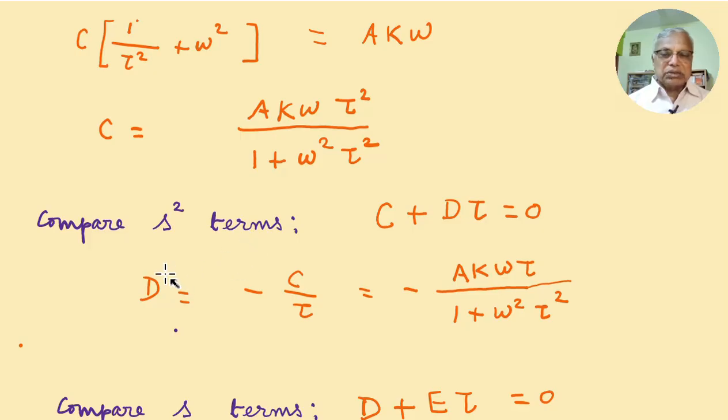So C plus D tau equals 0. That gives D equal to minus C by tau, and C you have already evaluated. So D equals minus A K omega tau by 1 plus omega square tau square.